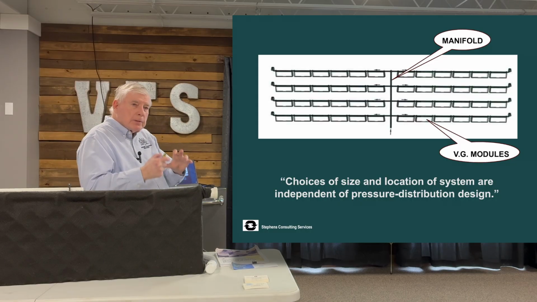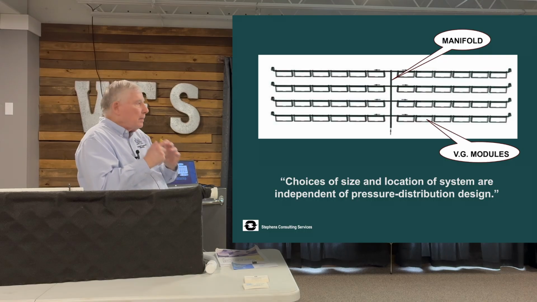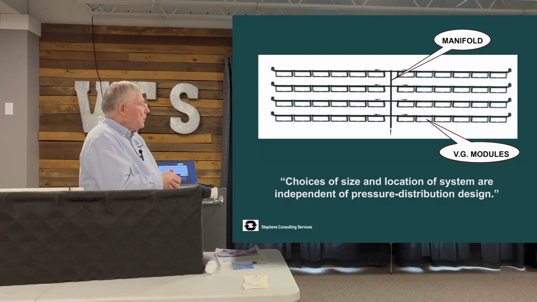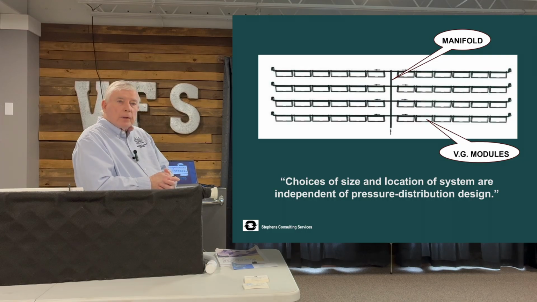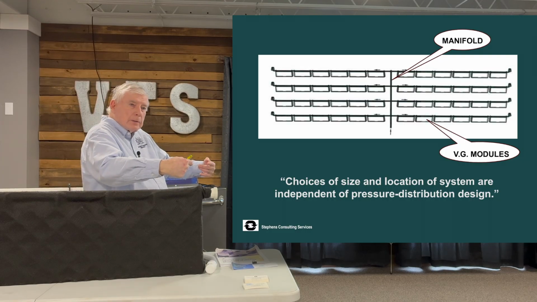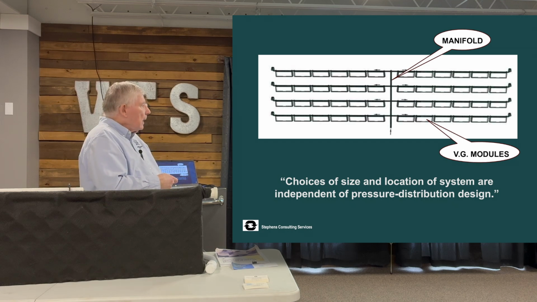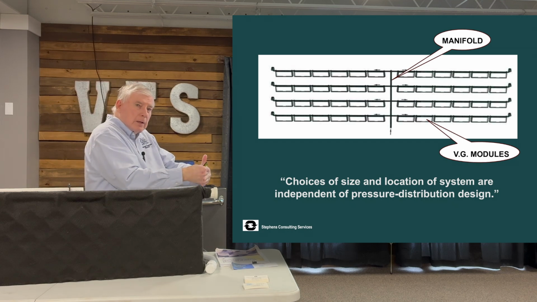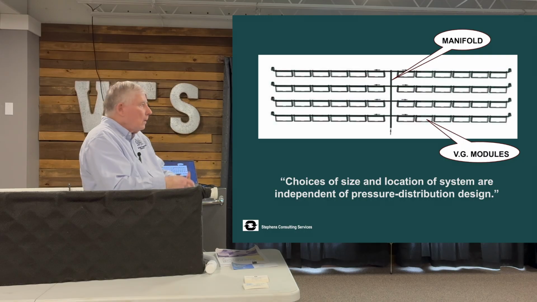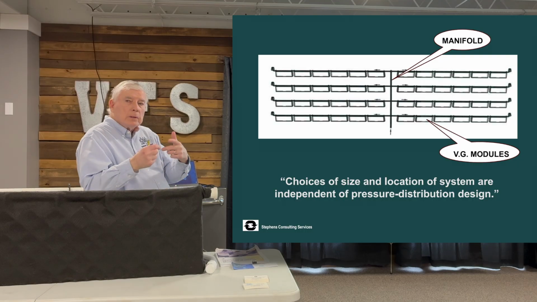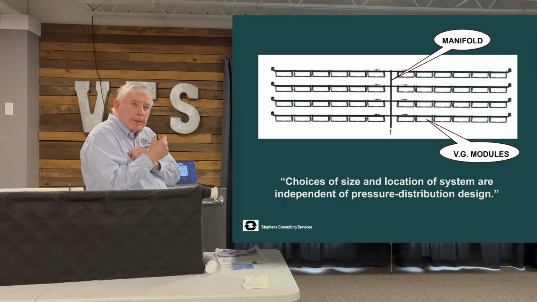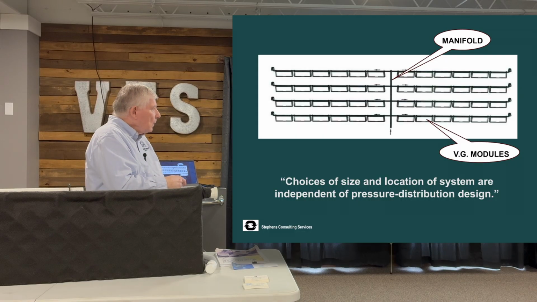Head loss depends on velocity of flow inside the pipe. So if you've got a 2-inch pipe here, you lost 1/4 of the flow in the first lateral branch. The next lateral branch, you lost another 1/4 of the flow. So by the time you get down there, the flow in that section of pipe is only 1/4 of what the pump is pumping, because it's going out into all these.